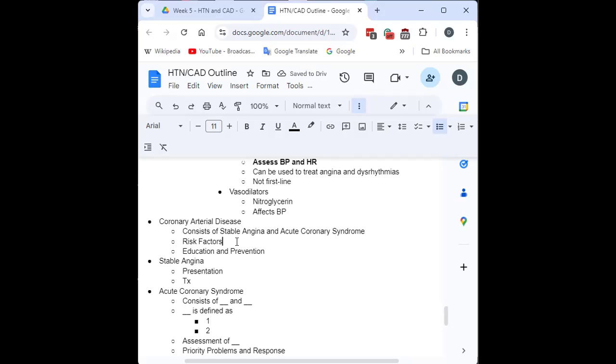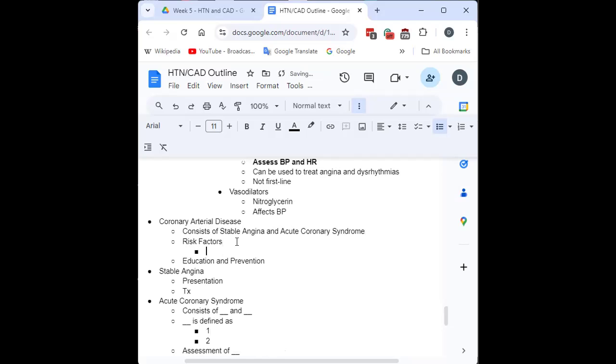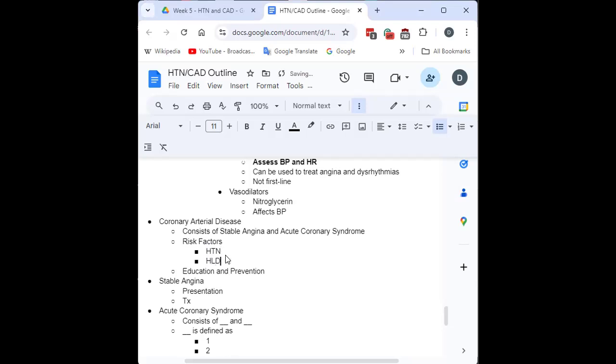But first, I want to talk about these risk factors. What are the risk factors? It's very similar to the other risk factors. Just want to really hammer in how much these are all causing CAD.